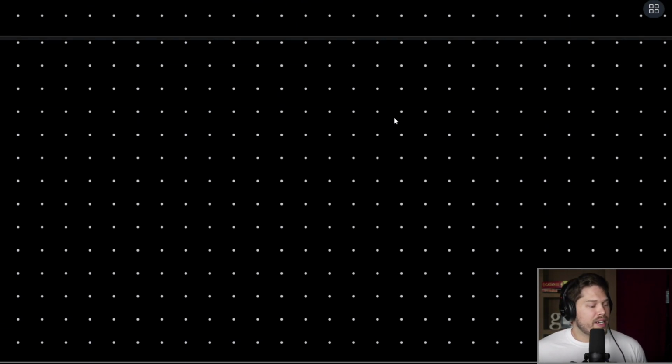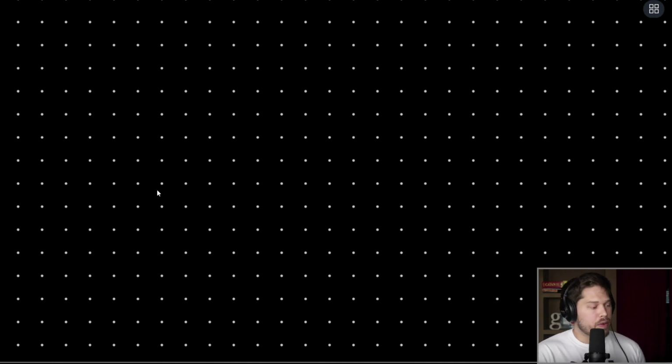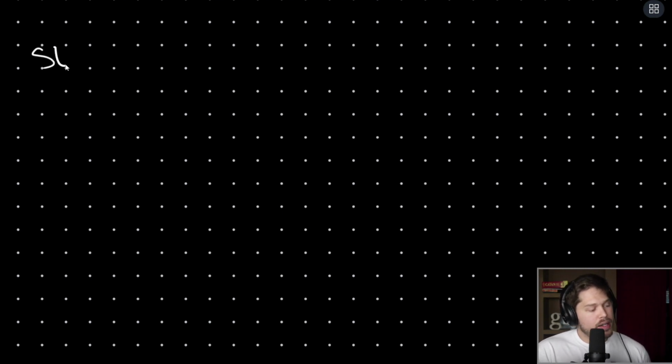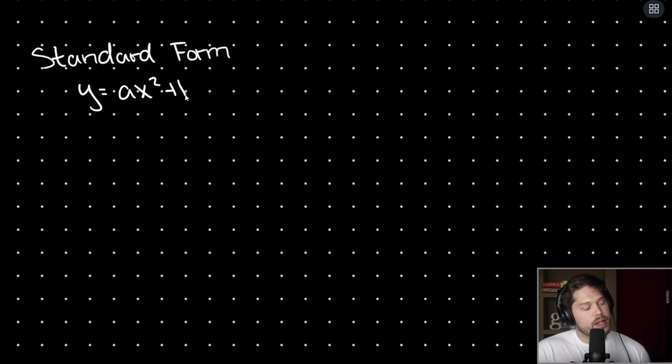Okay, so with that bit of a refresher in some terminology, let's talk about how we can find the vertex if we are given the standard form equation of a parabola. Now recall that standard form is y equals ax squared plus bx plus c.